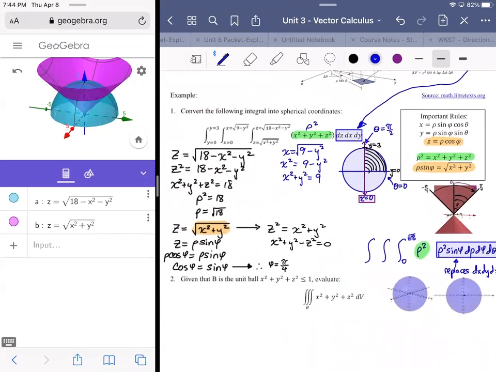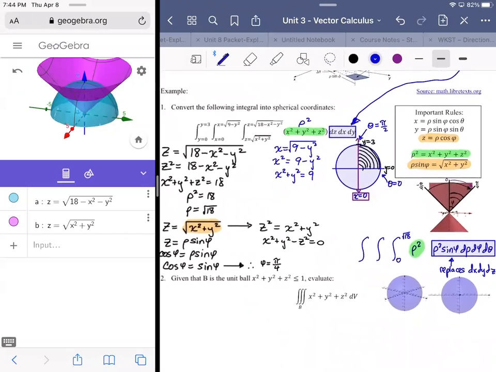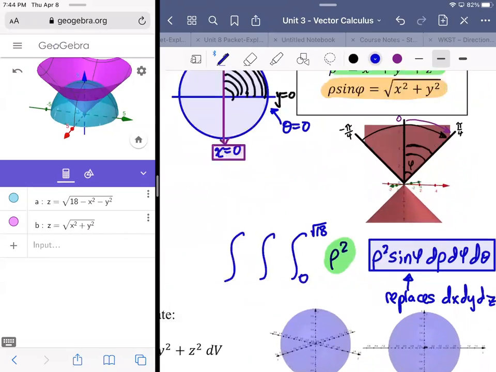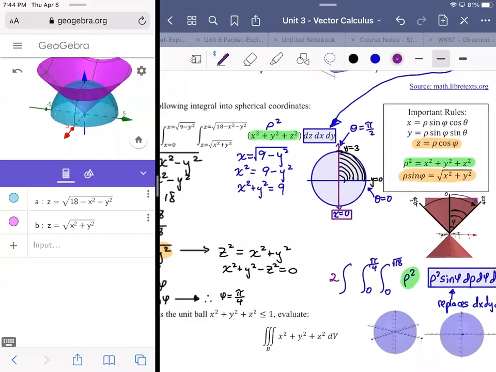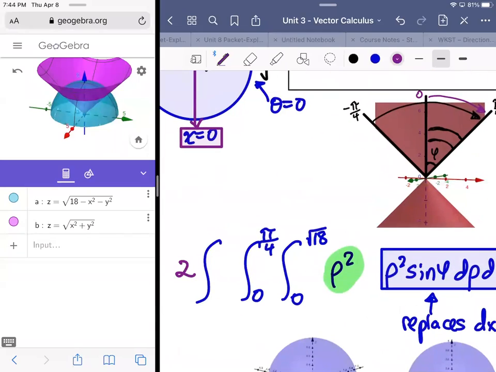Phi is going from 0 to pi over 4, knowing that whatever I get as a result, I'm going to have to double. And then my thetas are going to go from 0 to pi over 2.